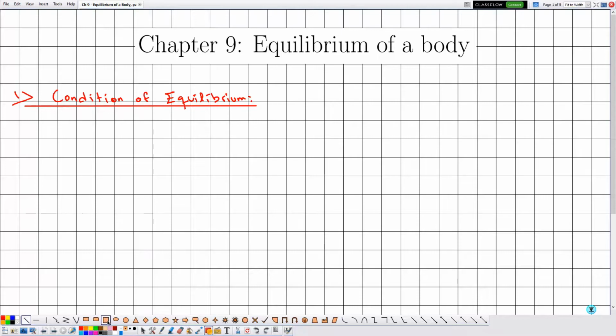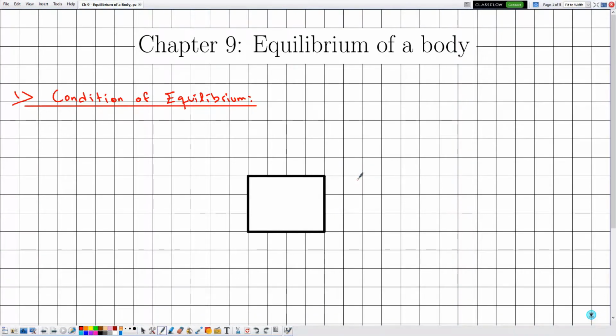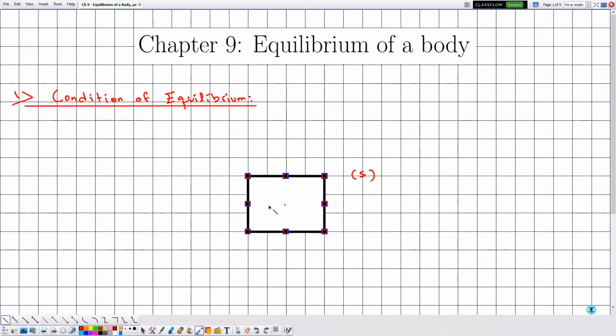So in order to explain this condition, let me have the following solid, S, acted upon by the following two forces. Let's suppose F1 is acting vertically upward like this, and we have another force which is acting vertically downward like this.